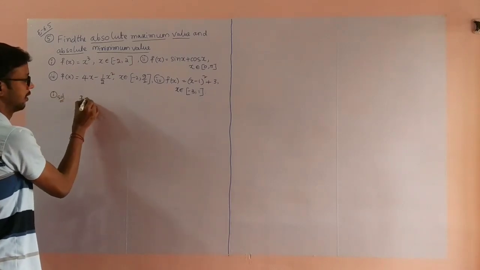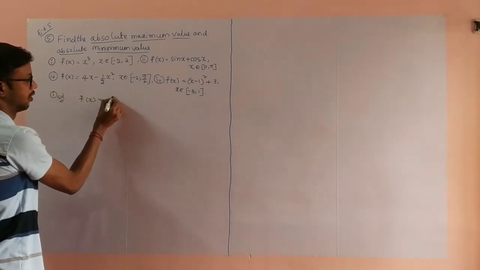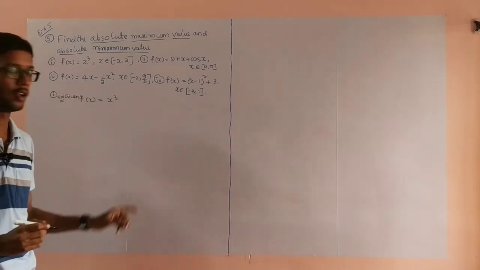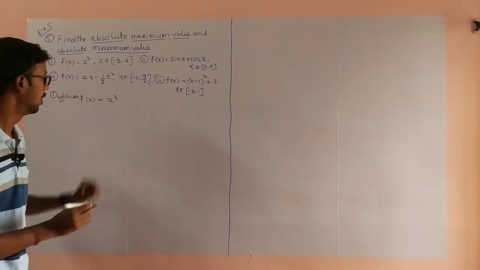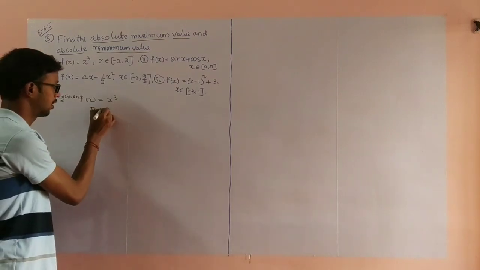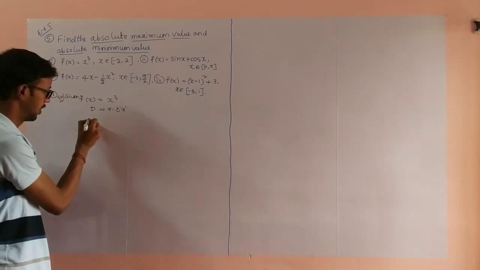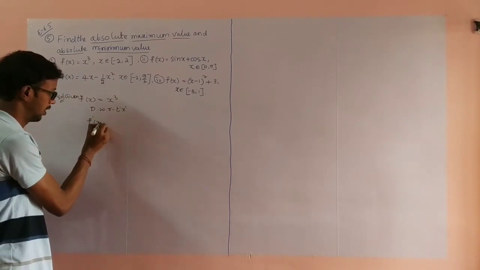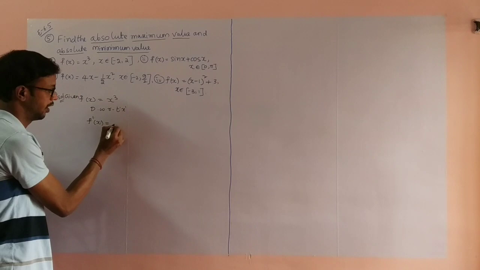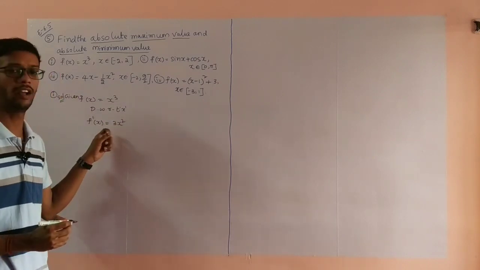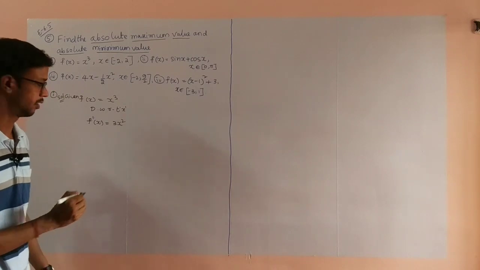Given f of x is equal to x cube. Differentiating with respect to x, f dash of x is equal to 3x square.